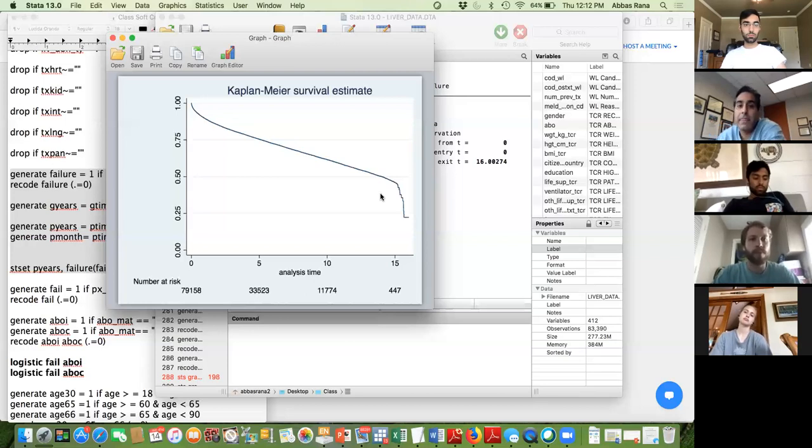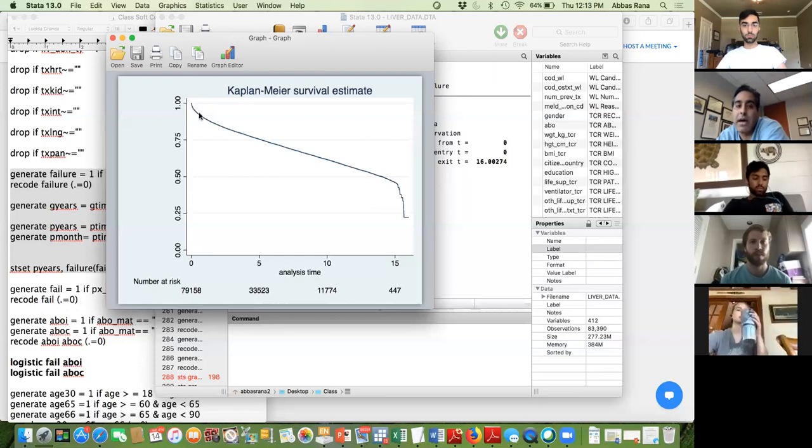And it may take a little bit of time to wrap your mind around it. It's a little bit more complicated than it appears, but we have to think about it. I'm trying to do a good job of explaining it, but oftentimes I find it difficult to explain properly. But I'll give you an example. So we start off with roughly 80,000 patients, and this is the number of people at risk.